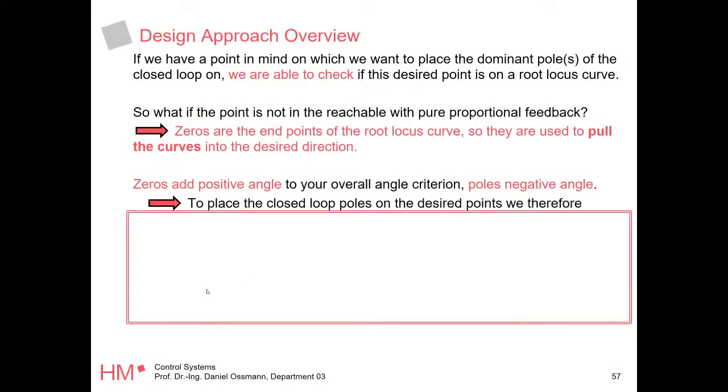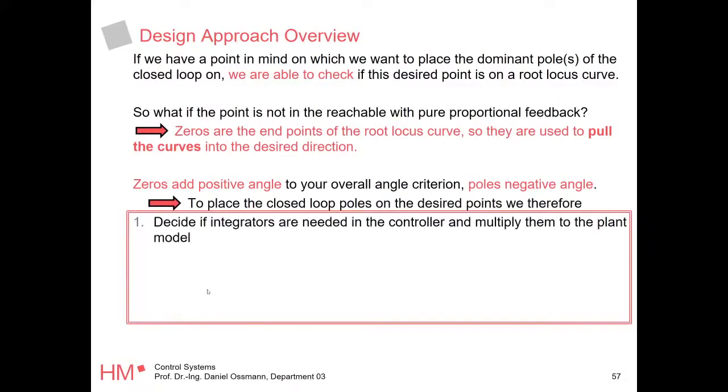Okay, so let's lay out the strategy. First, this is really always the first point I recommend you think about: you need to decide if you want steady state accuracy or not, right? If so, you add the integrator to your system. And remember, this is what we started the day with, where we said that yes, we can always add dynamics to our system and still use the root locus plots.